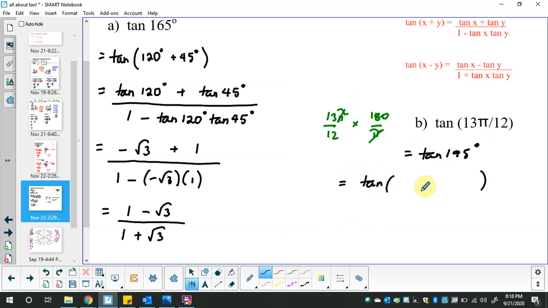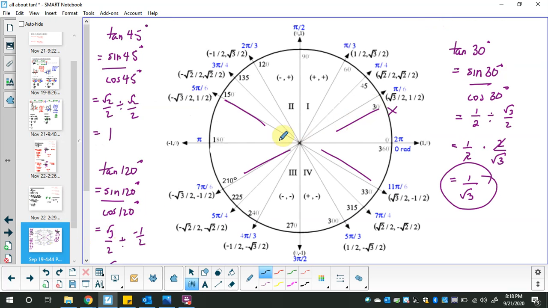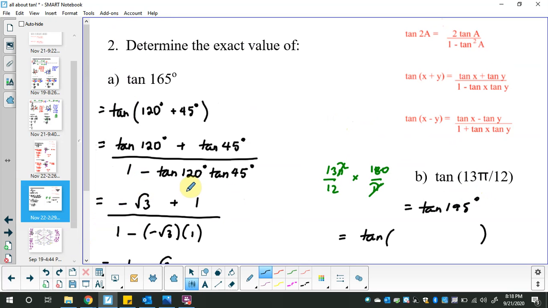And then I have to find two numbers that add or subtract to 195 that are on the unit circle. And again, a reminder, don't pick one of these guys, you create awfulness. So, again, 195.